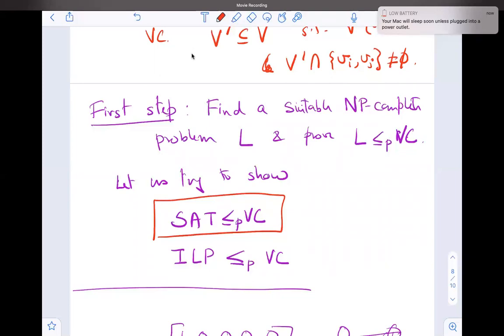So in the SAT problem, if you want to reduce it to a vertex cover problem, we're looking at clauses in which we want at least one of the literals to be satisfied. We could make a graph in which every vertex is either a1 or a1 bar.